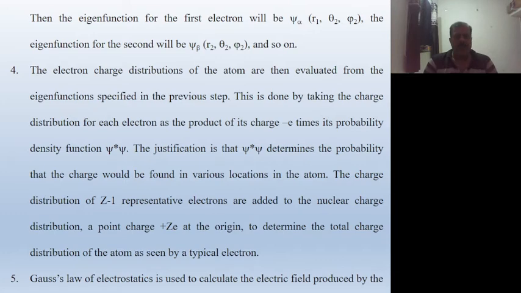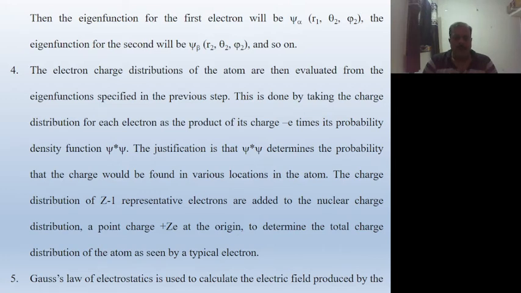The electron charge distribution of the atom is then evaluated from the eigenfunctions specified in the previous steps. This is done by taking the charge distribution of each electron as the product of its charge, minus e, times its probability density function, psi star psi.